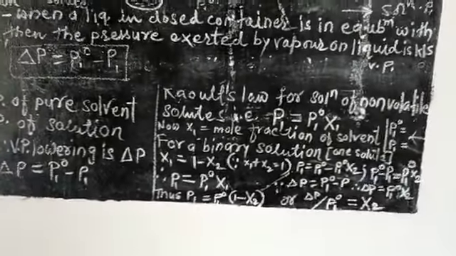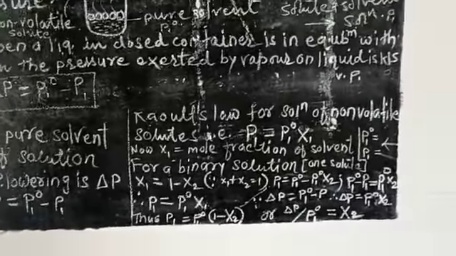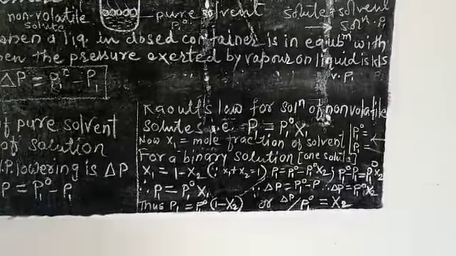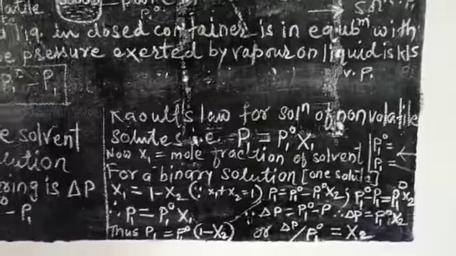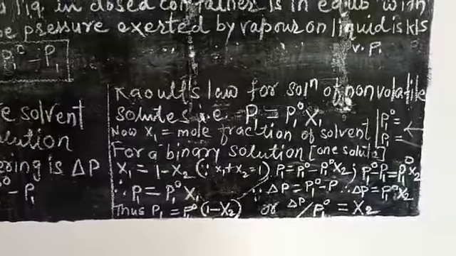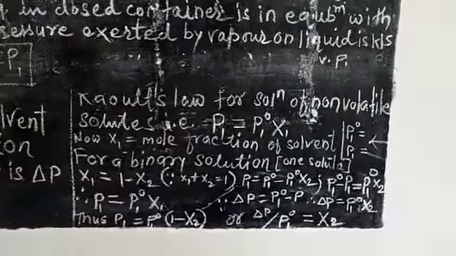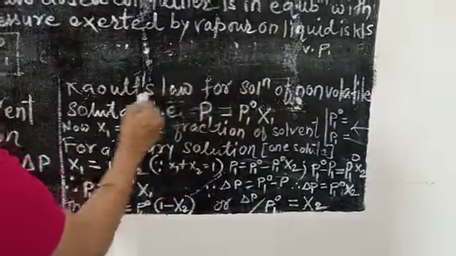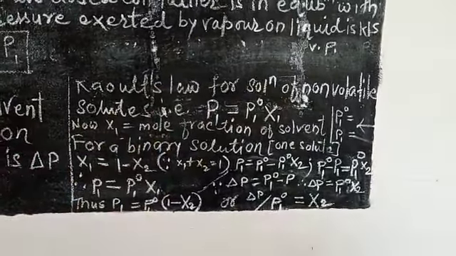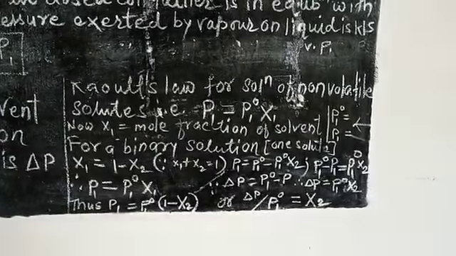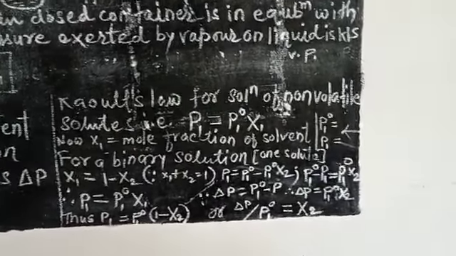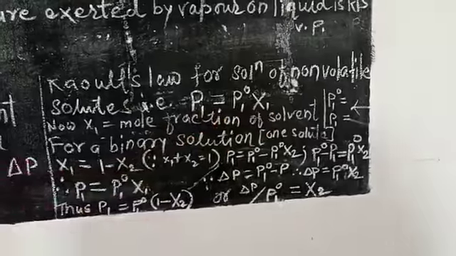So what is Raoult's law for solutions of non-volatile solutes? One Raoult's law we studied in the previous video. Now we will study Raoult's law for solutions of non-volatile solutes, that is P1 is equal to P10 into X1.